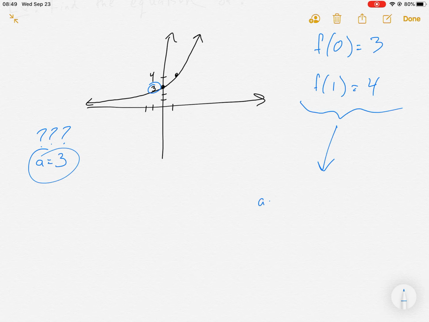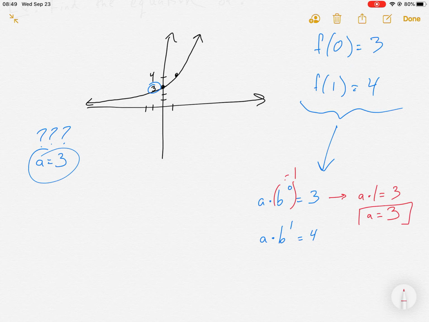I have a times b to the power of 0 equals 3, and I have a times b to the power of 1 equals 4. Now the first equation can be rewritten because b to the power of 0, well, that's just 1. And so that tells me that a times 1 is 3. Well, that means that a equals 3.